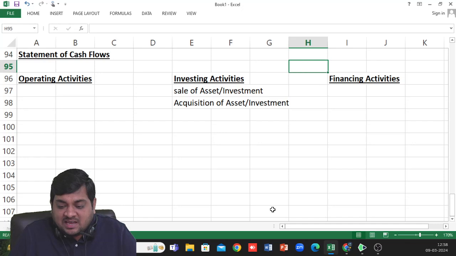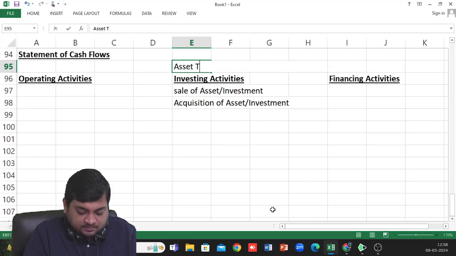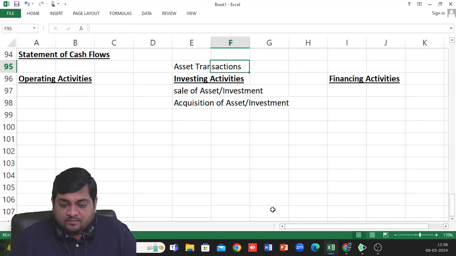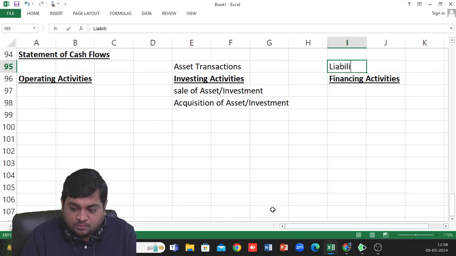Basically these are related to asset transactions, and financing is specifically related to liability transactions.